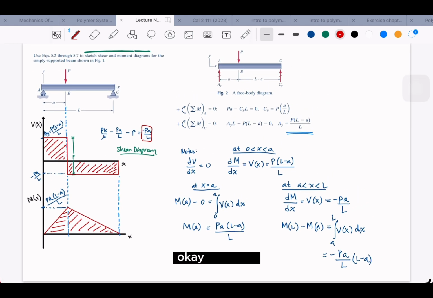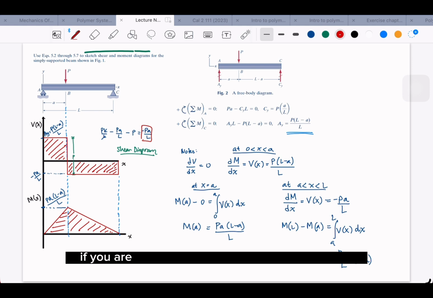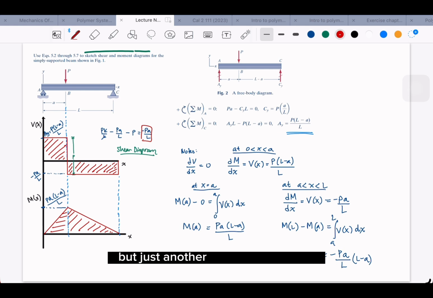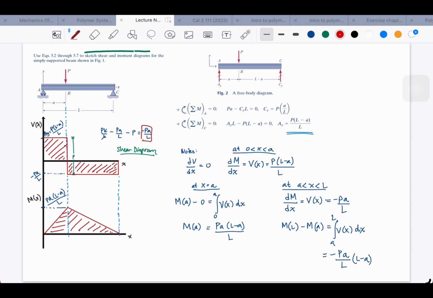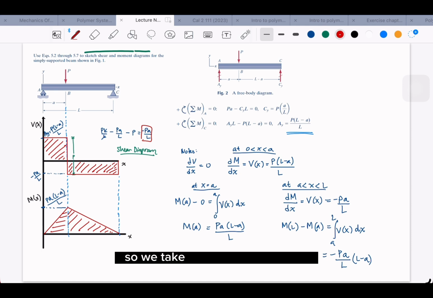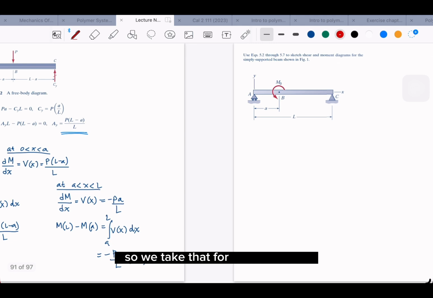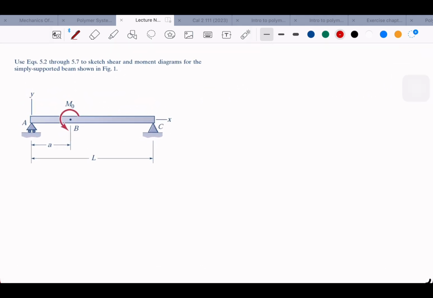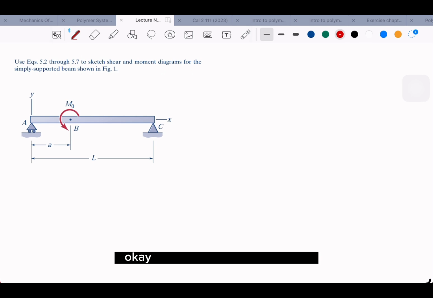Okay. So this is if you are given one concentrated force like this P. So what if there is no P but just another additional moment? For example, here we have this, okay?